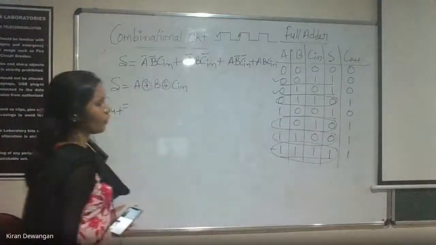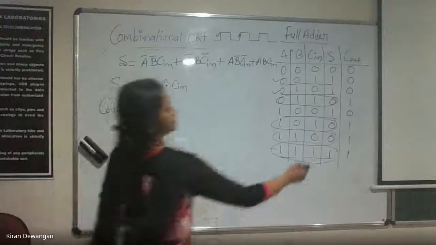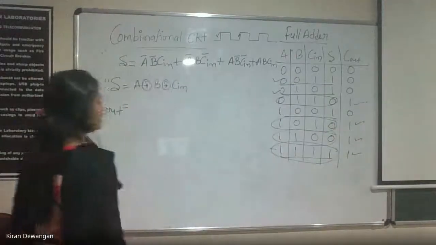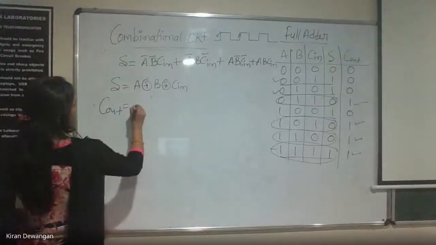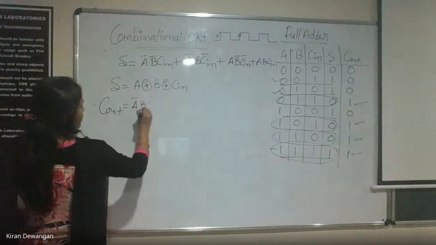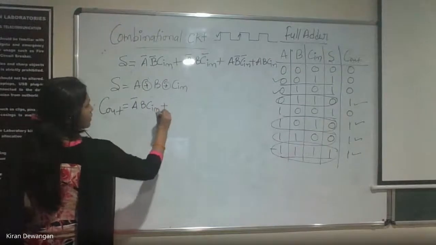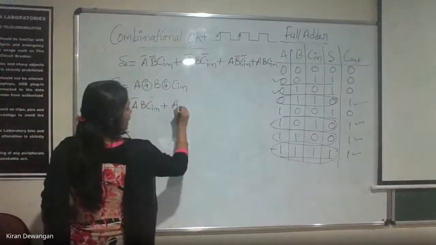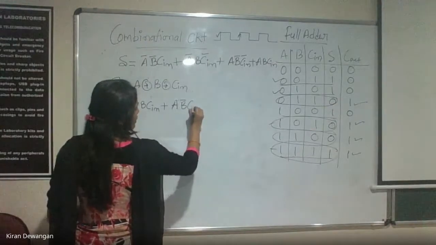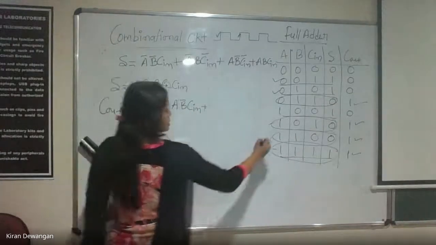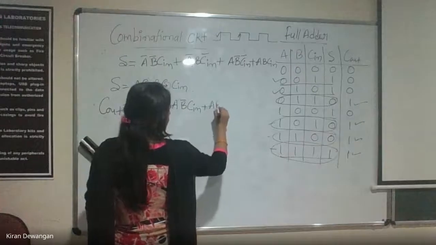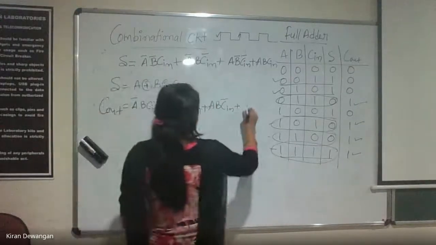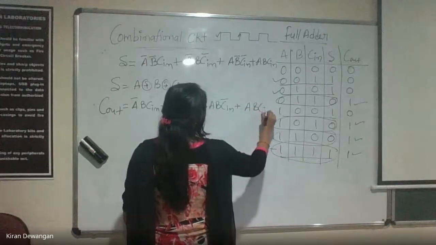These are the four combinations where my C out is going high. So we can write the expressions. That one is A bar B C in, plus the second one, A B bar C in, plus this one, A B C in bar, and the last one, A B C in.